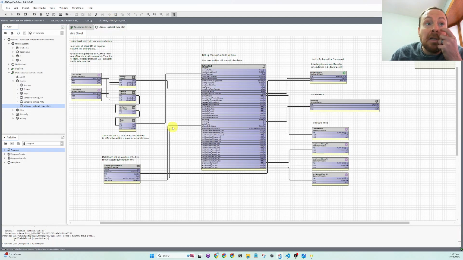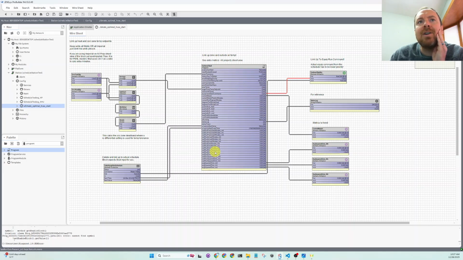So here in the Niagara world, this would be wired to an equipment start command. This equipment is outputting a value of true, which we wire in at priority 16, the lowest priority. Then a higher priority is wired to our equipment out command.